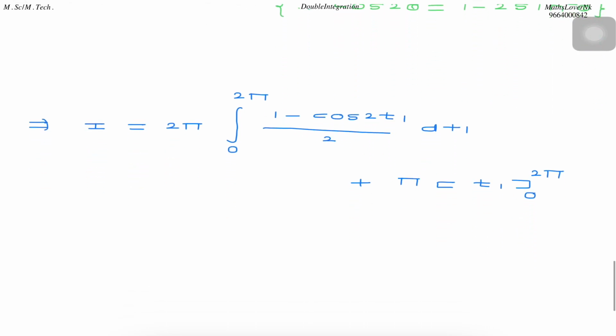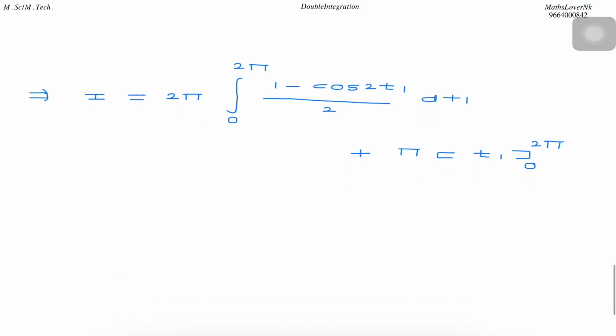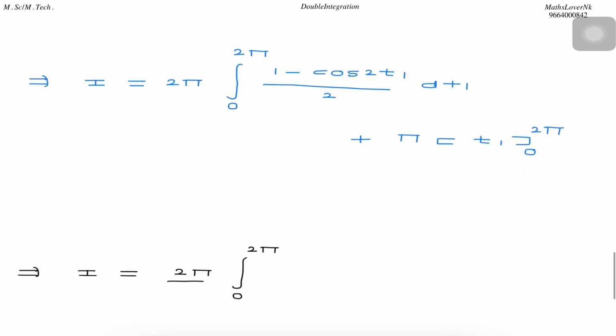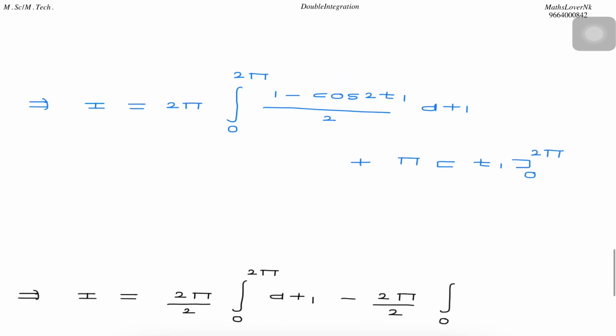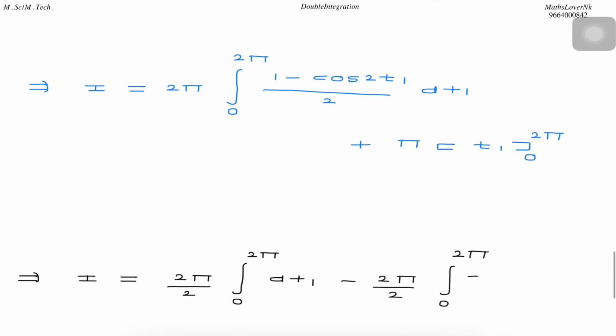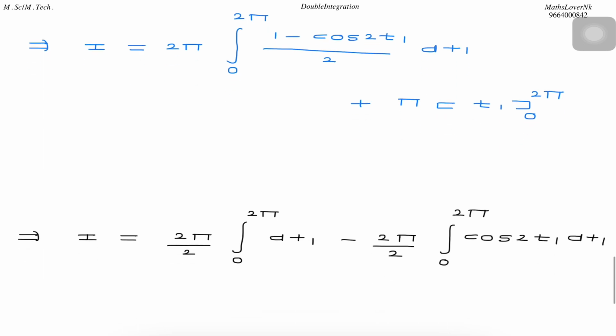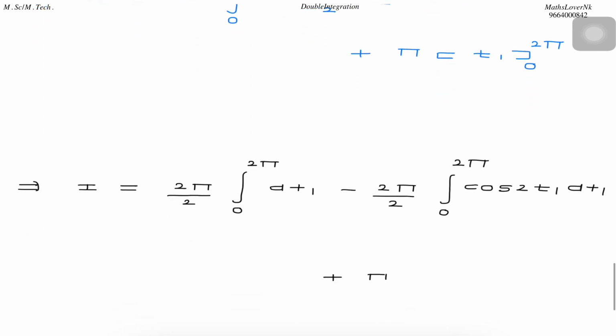So I is equal to, write down the separate 2 pi as it is, integration 0 to 2 pi, 1 by 2 taken out as common outside, dt1, minus 2 pi upon 2, 0 to 2 pi cos 2 t1 dt1, plus pi, 2 pi minus 0. It's a definite integral, so we do not write the constant c.